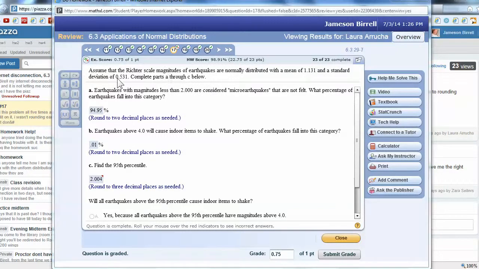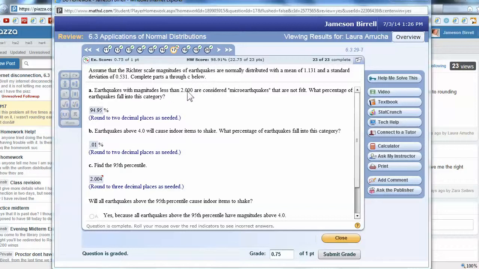If it was standard, we would know that because the mean would be 0 and the standard deviation would be 1. So we're going to have to convert it to that and then find out how much area is under the curve from that point, which is the shaded region under the curve, less than 2.